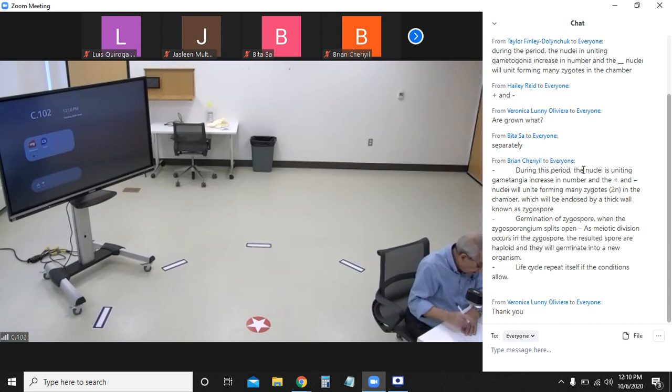Now, as you can see here, beneath the black apical mitosporangium, you can make a sketch yourself over here. Mitosporangium means a sporangium in which the spores are developed by mitosis.